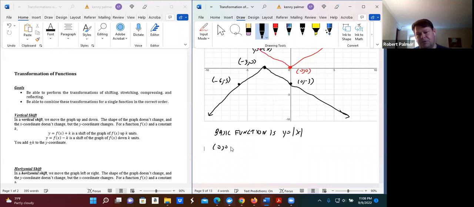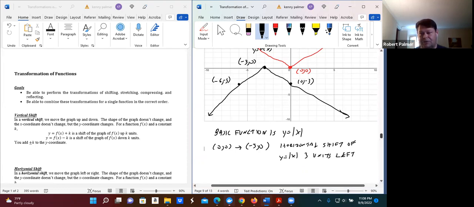So the point 0, 0 has gone to negative 3, 0. That tells us it's going to be a horizontal shift of y equals f of x, or y equals the absolute value of x. Let's be more specific: 3 units left.